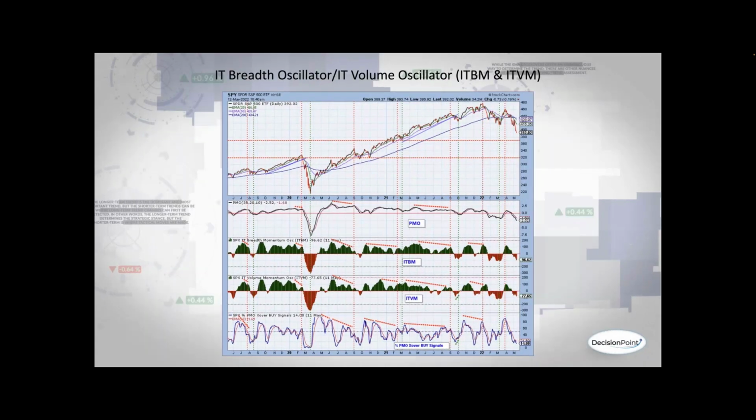These are the intermediate term breadth momentum and volume momentum oscillators. As you can see, it looks very similar to the Swenlin trading oscillators, only our chart has a bigger, longer time frame. And again, we're looking to see what direction these are going.